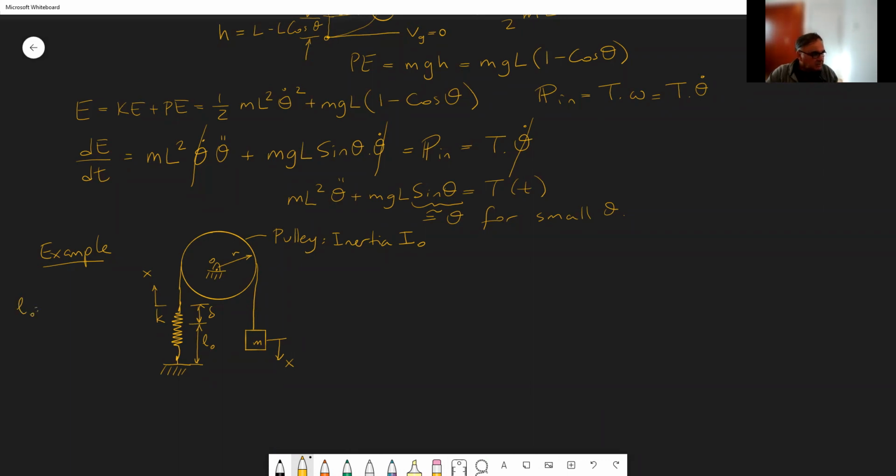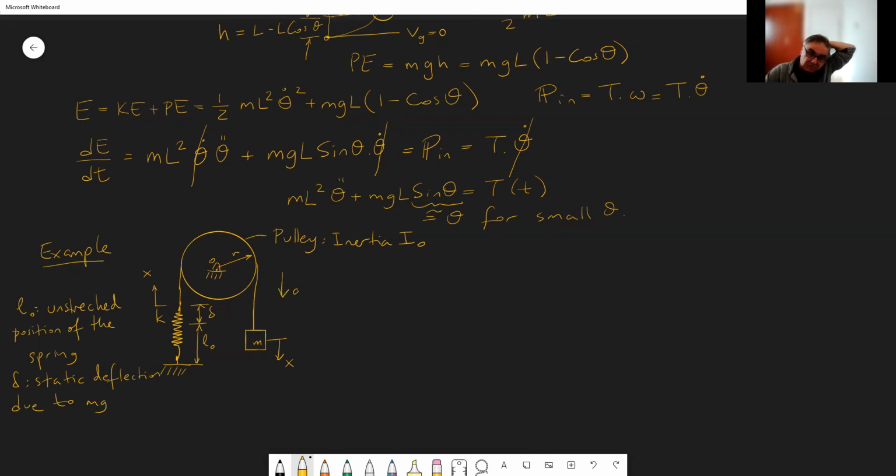L0 is the unstretched position or length of the string. And delta is the static deflection due to the mg.